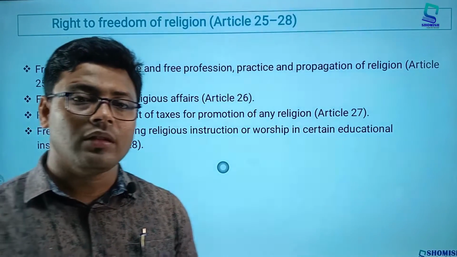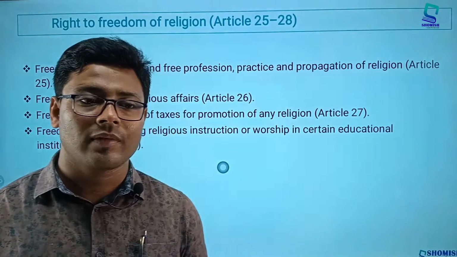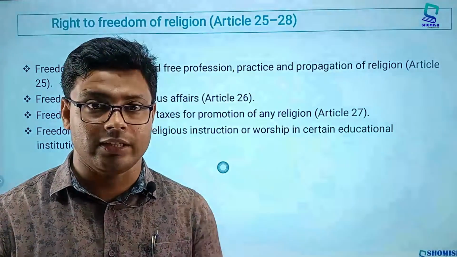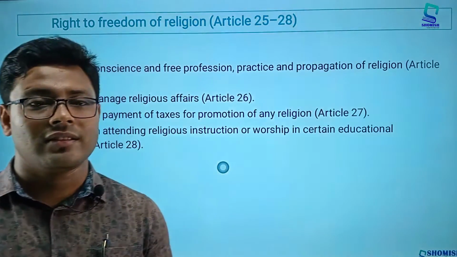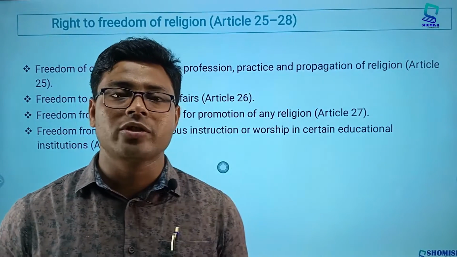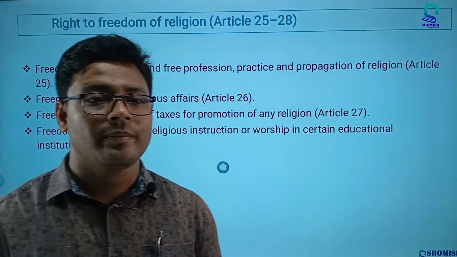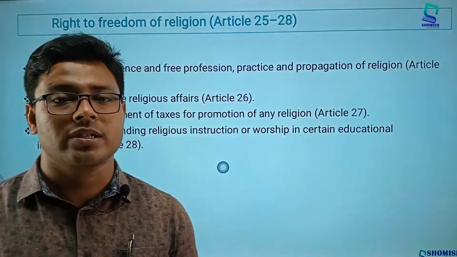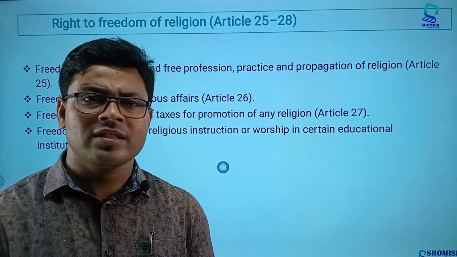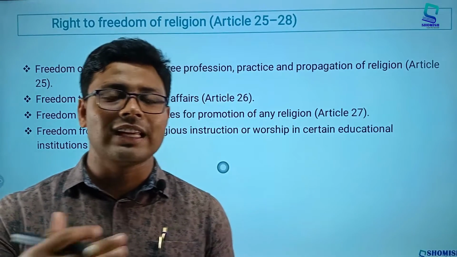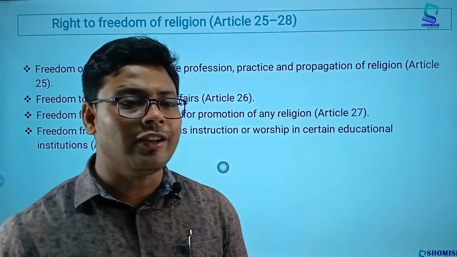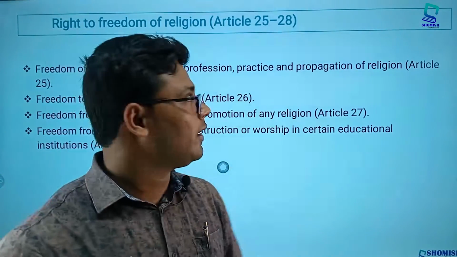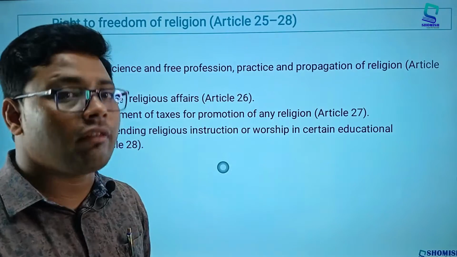One good example, Prajapita Brahma Kumari, it is an Ishwariya Vishwavidyalaya. They declared it. And here, the methods and shrines of religion are given to their disciples or followers. The state must not intervene in this process. It comes under Article 28, right to freedom of religion.